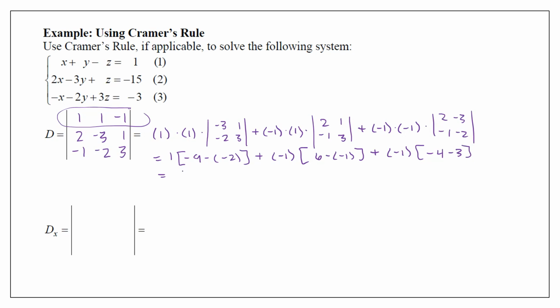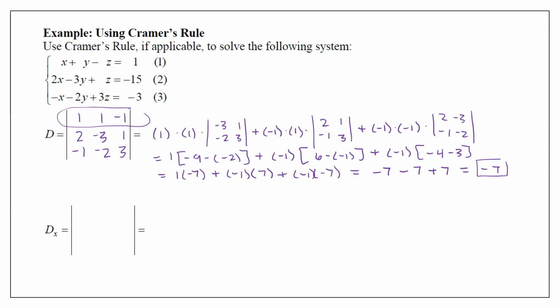Simplifying some more, I'll have 1 times -7 plus -1 times 7 plus -1 times -7, which equals -7 minus 7 plus 7, which equals -7. So the determinant D equals -7.